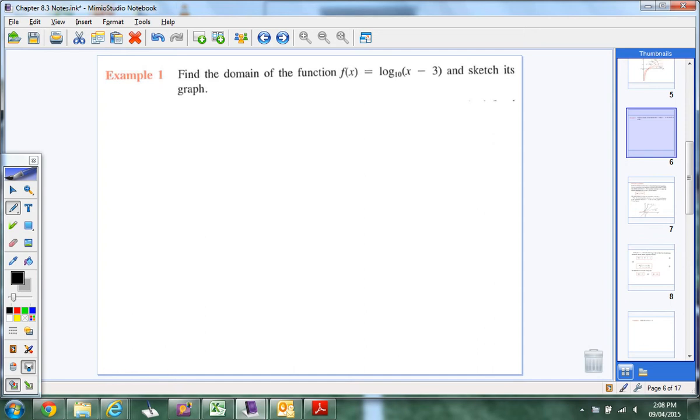So you say x minus 3 has to be bigger than 0, and you write it as an inequality: x minus 3 greater than 0. Simply solve, plus 3, x has to be greater than 3. So your domain is x greater than 3.